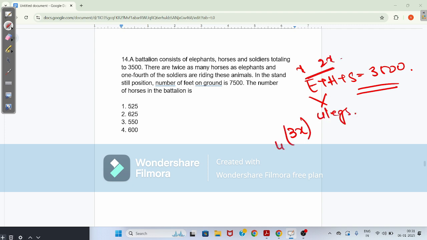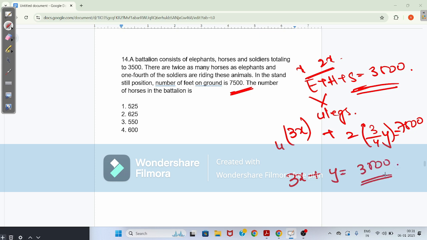So 4 into 3x plus, for the soldiers who have 2 legs, 2 into 3 by 4 y. This total gives 7500. And for the total, 3x plus y gives the value 3500.